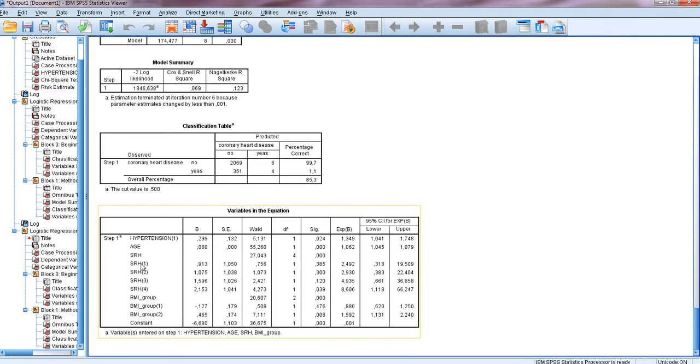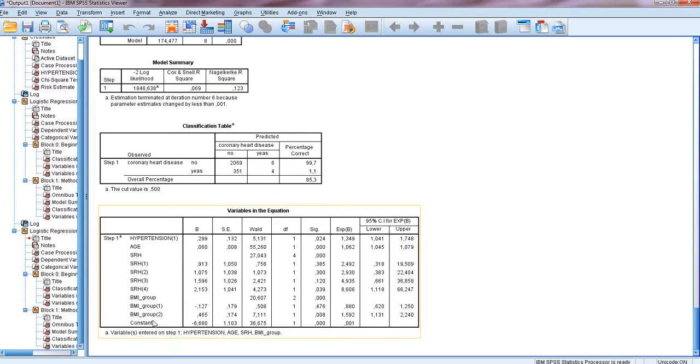Self-rated health, here we have 5 groups. So every single group is compared to the first group. And I see that only the last group, of the worst health, increases the odds of coronary heart disease by 8 times. It's huge odds. It very rarely happens in epidemiology to get such high odds.